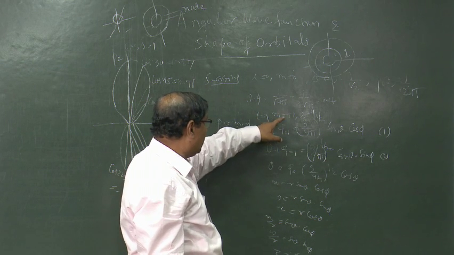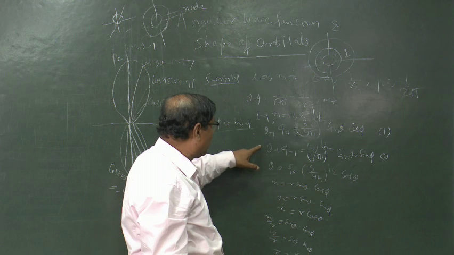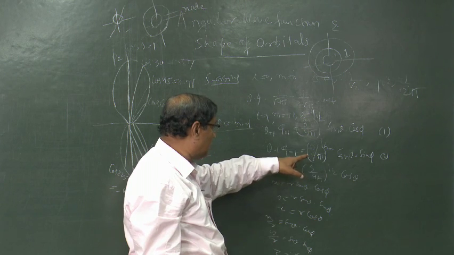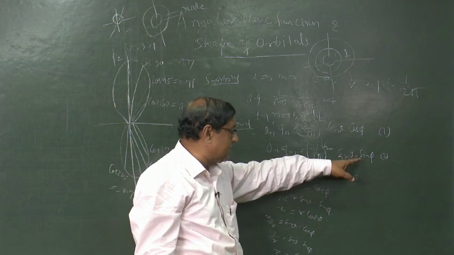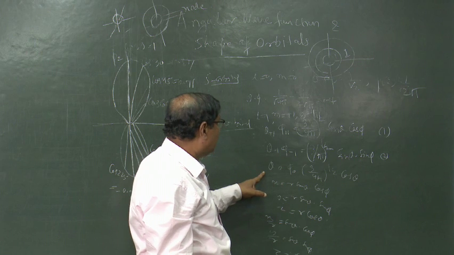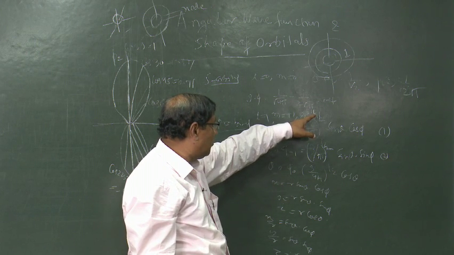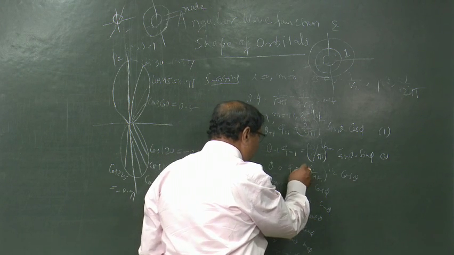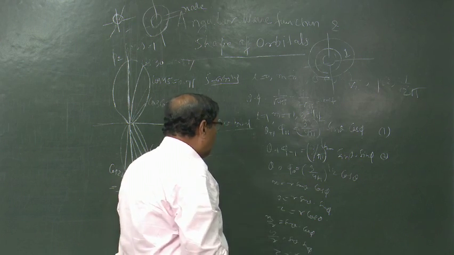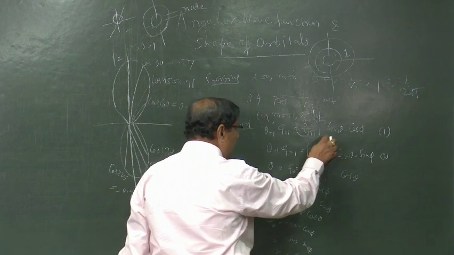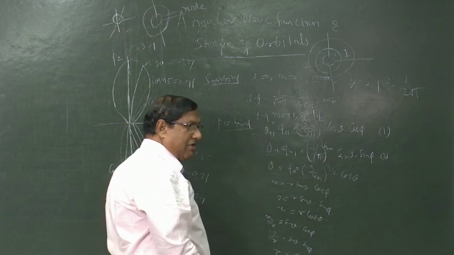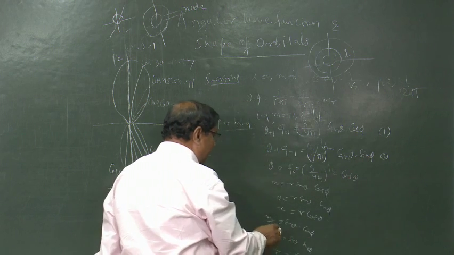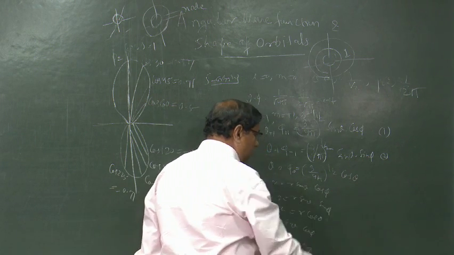Similarly, the angular wave function for m equal to minus 1 is represented by equation 2, that is root of 3 by 4 pi times sin theta sin phi. And the third angular wave function, for m equal to 0, is root of 3 by 4 pi times cos theta. So, the first value depends on sin theta cos phi, the second on sin theta sin phi, and the third depends on cos theta.